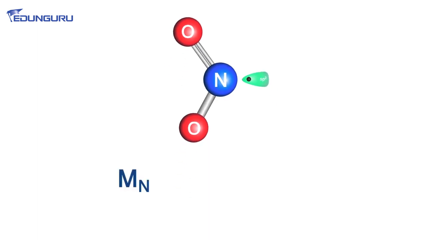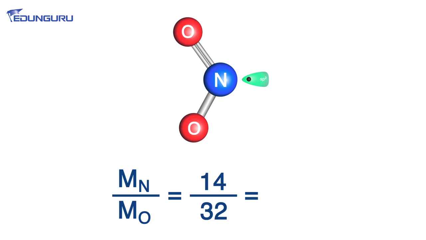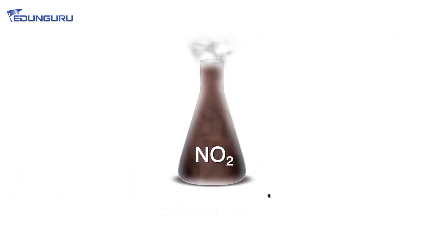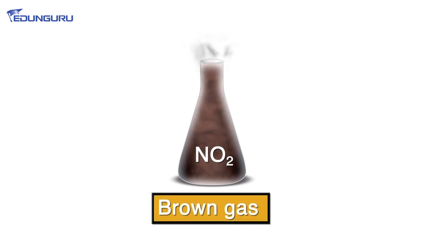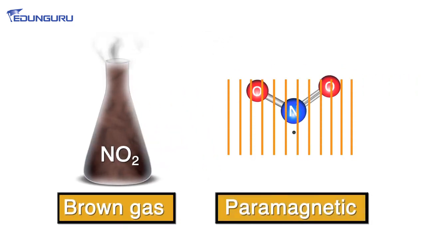What is the mass ratio of nitrogen to oxygen? It is equal to 14 divided by 32, that is equal to 7/16. What is NO2? Number 1, it is a brown colored gas, and number 2, it is paramagnetic. That means it is attracted by a magnetic field.